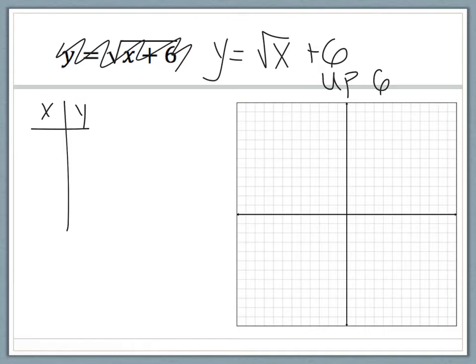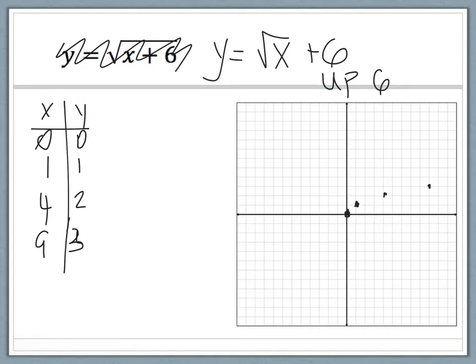Okay, so let's go ahead and do so. I'm going to make my table 0, 1, 4, 9. Y values would be 0, 1, 2, and 3. Now I'm going to go ahead and plot those points. 0, 0, 1, 1, 4, 2, and 9, 3.